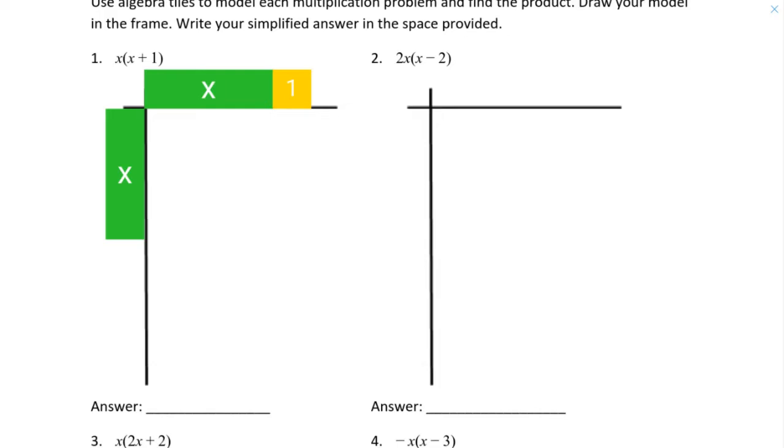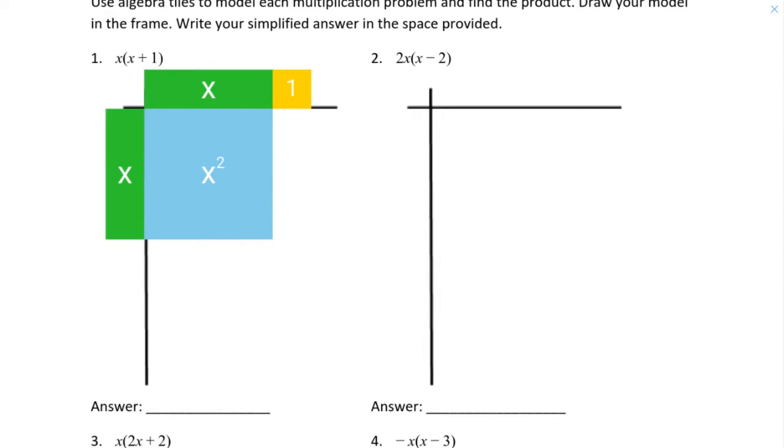Once we do that, we're going to fill in what we would see on the inside. If you notice this first part where we have these two x terms, if I draw a line down here, that's going to create a large square. The large square is represented by x squared, basically x times x.